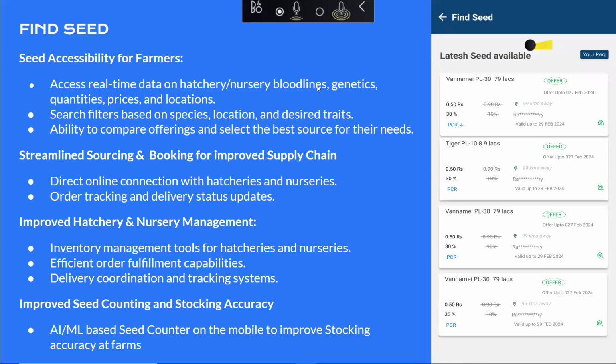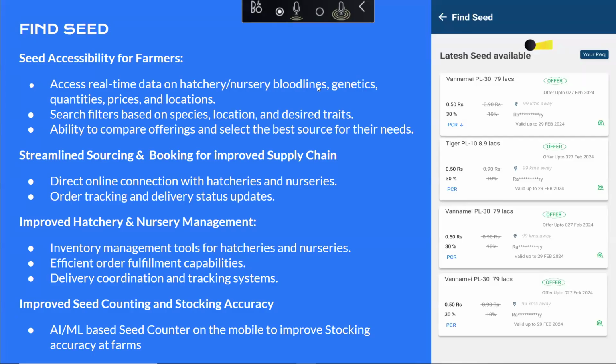Through the Market Connect platform, farmers can view the list of all, pick and select what suits them best, what prices and what breeds are suitable to them. They can contact the hatcheries directly and negotiate further.